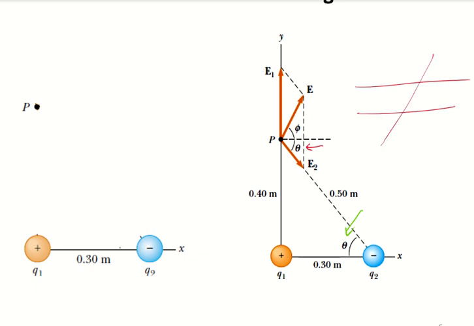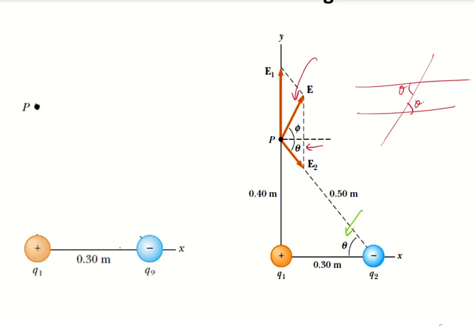If a line crosses two parallel lines, then the opposite angles are equal. That is why this is theta. We have to define another angle to calculate the net field, because it's a vector field, so that vector field will be given by this orange vector in this shape.